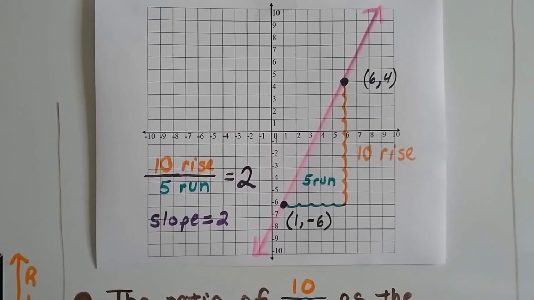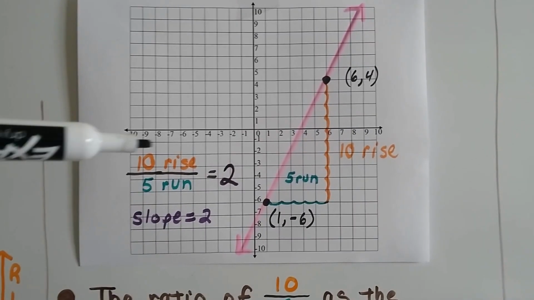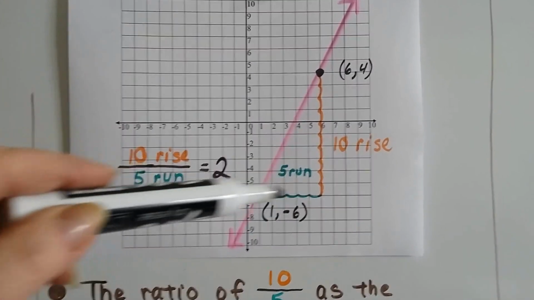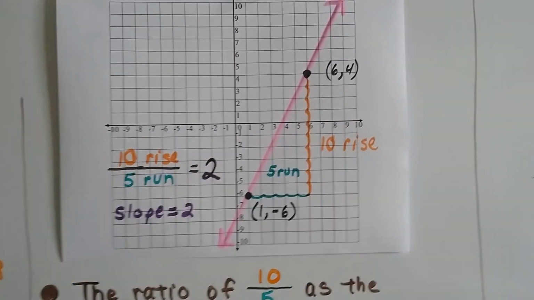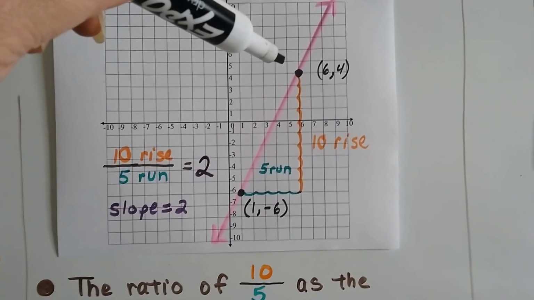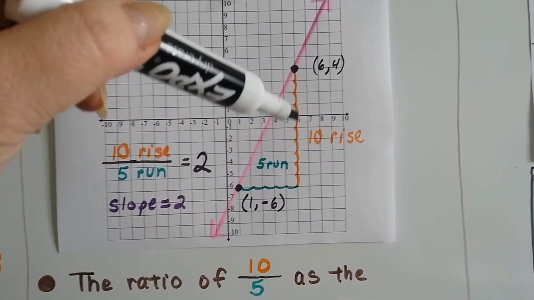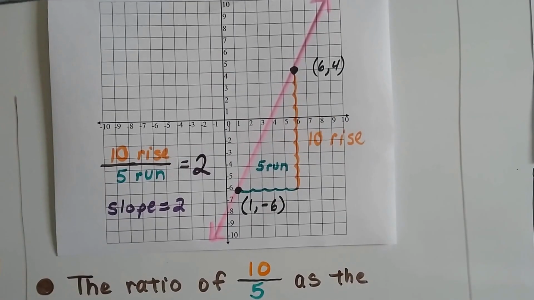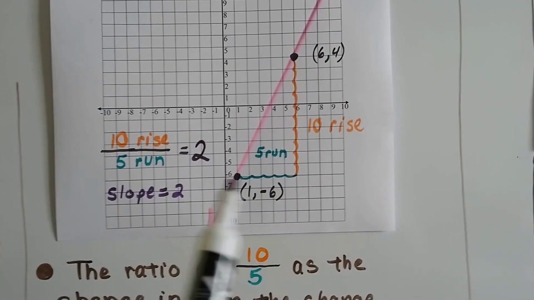So I drew a graph here, and we've got a pink line, and we can see the rise over the run. It makes a perfect triangle, like a 90-degree angle here. See that? And we can count the units of rise. 1, 2, 3, 4, 5, 6, 7, 8, 9, 10. So the rise is 10. And the run is its sideways measure.